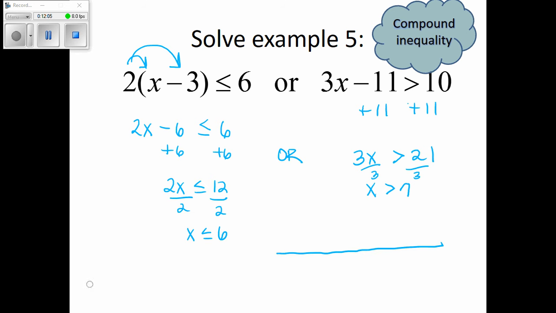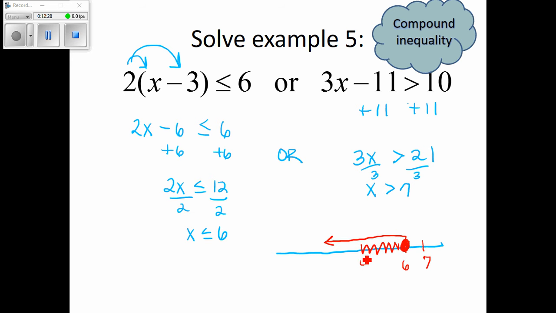So what does that look like on a number line? Well, here's 0. Here is 6. Okay. And then here would be 7. All right. So x is less than or equal to 6. Closed circle because I have an equal. And everything less than that.